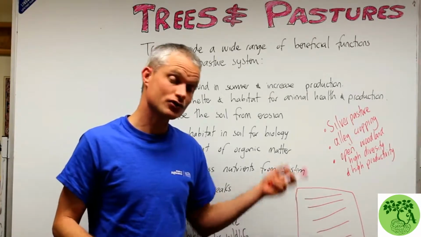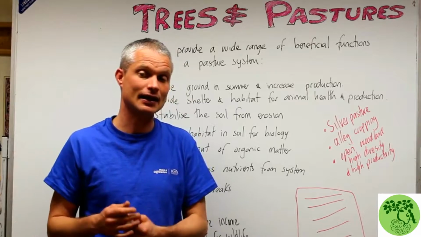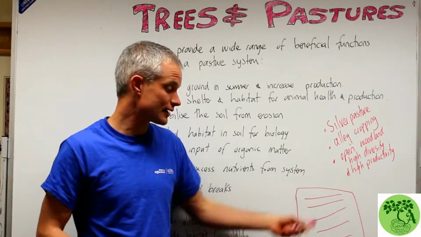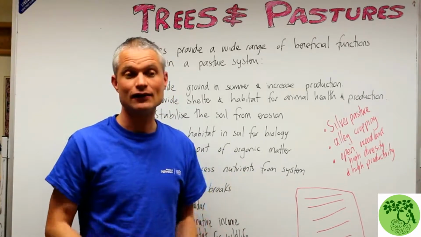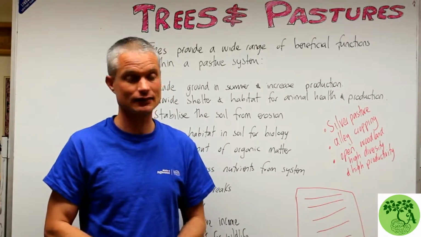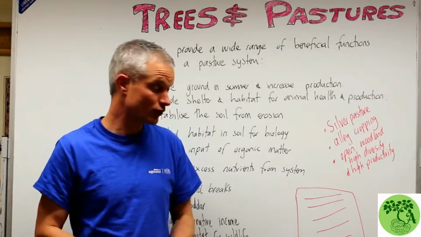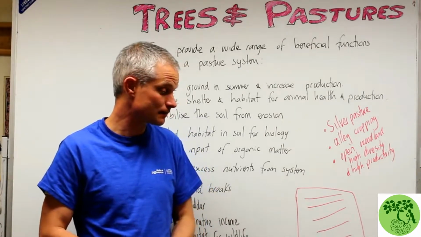The incorporation of trees into that system will extend the productivity of the grasses and herbs that will then feed the grazers for longer into the summer than would be otherwise without trees in that system.